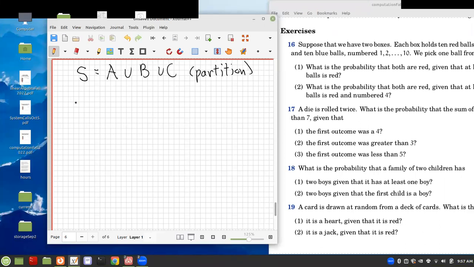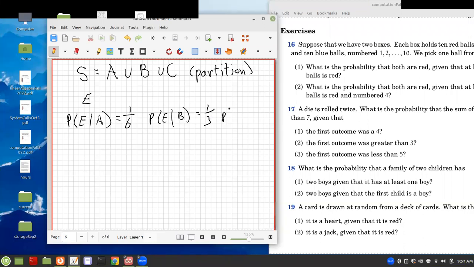Okay, and let's see if we can figure out the following. Let's say we have some event E, and we know the following. We know that the probability of E given A equals 1/6. The probability of E given B equals 1/3.